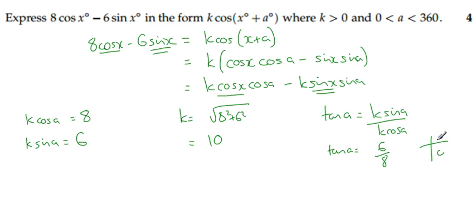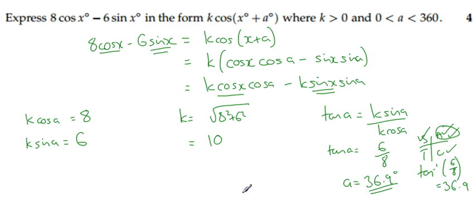Okay, now we need to check what quadrant it's in. Both cos and sine are positive, so sine's positive here, cos is positive here and here, which means we're looking at the first quadrant, and we do the inverse tan of 6/8, which gives you 36.9, so a is 36.9 degrees.